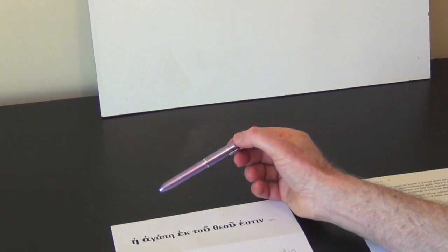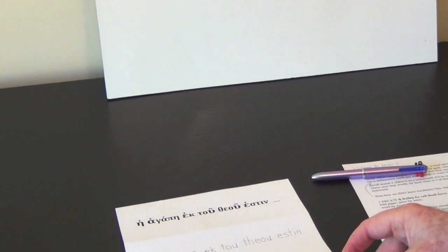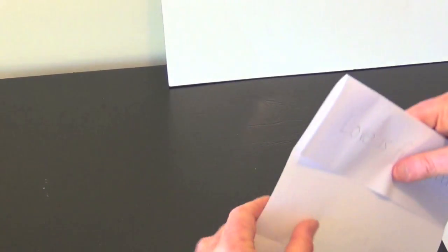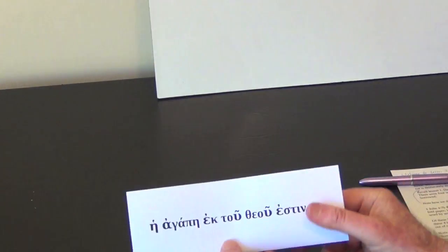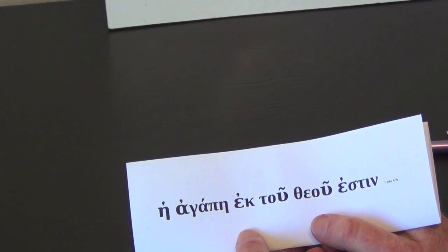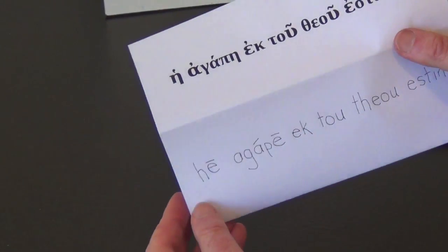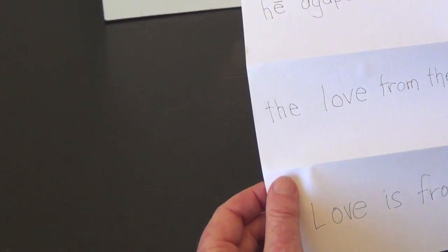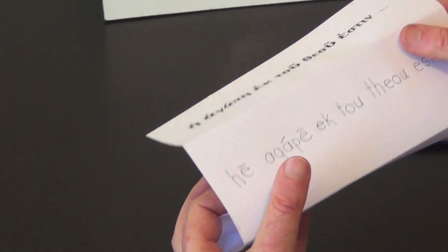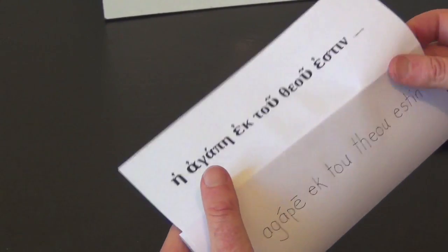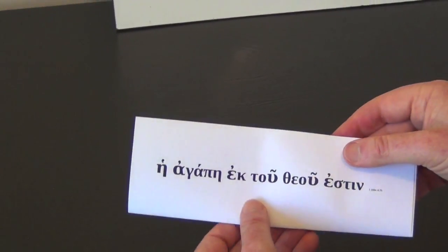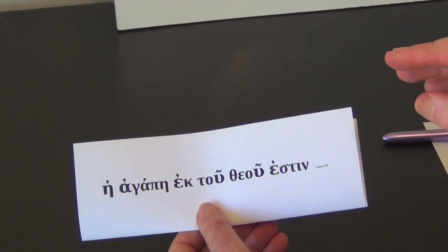So lesson 2, again, I advise you to fold up your sheet and just look at this. In an hour, just look at it again and try to remember it, and then unfold your sheet as you need to refresh your memory. But I would suggest you just try and learn this.